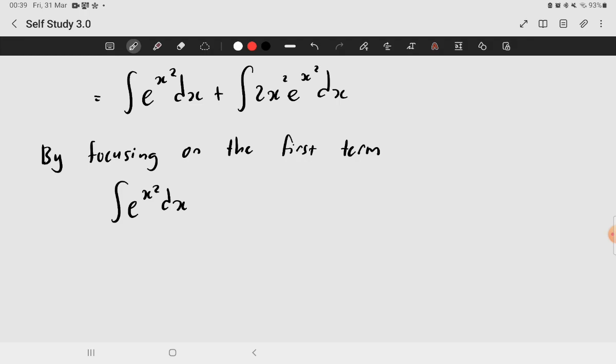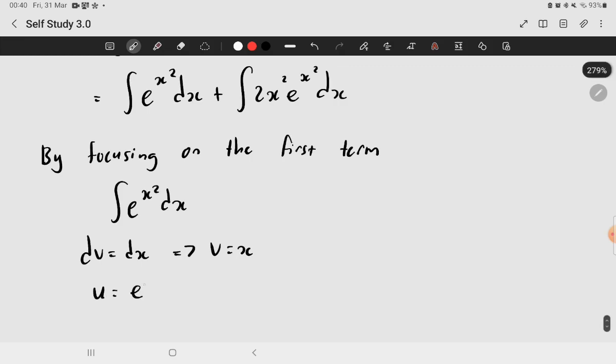I'll be choosing dv as dx. So dv is equal to dx, and when we integrate this, we obtain v equal to x. Now how about our u? Our u will be e to the power of x^2, and when we take the first derivative, we obtain du equal to 2x times e to the power of x^2.